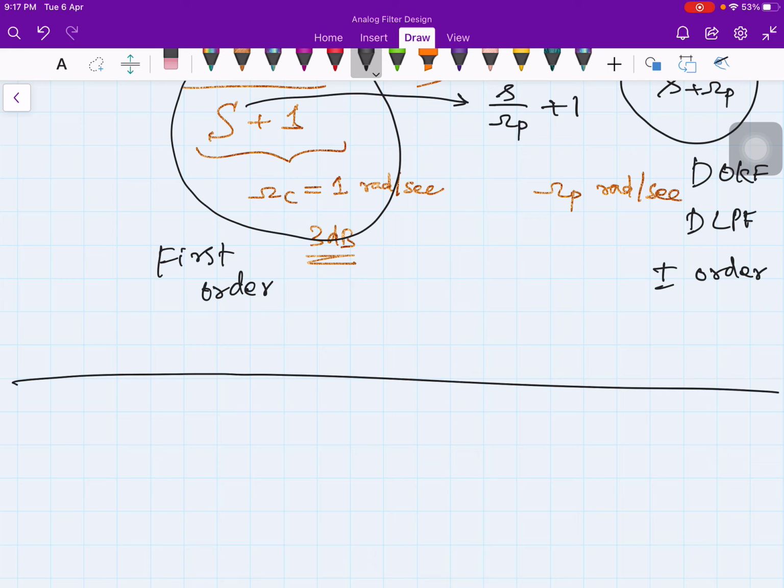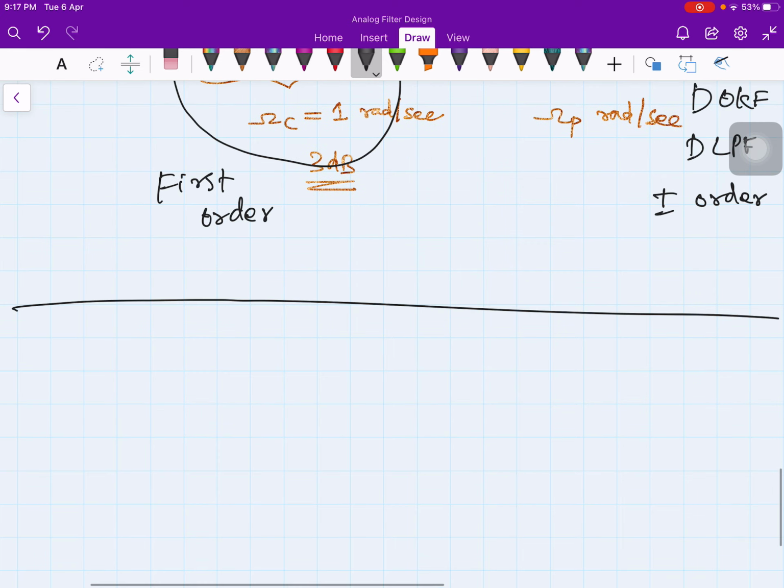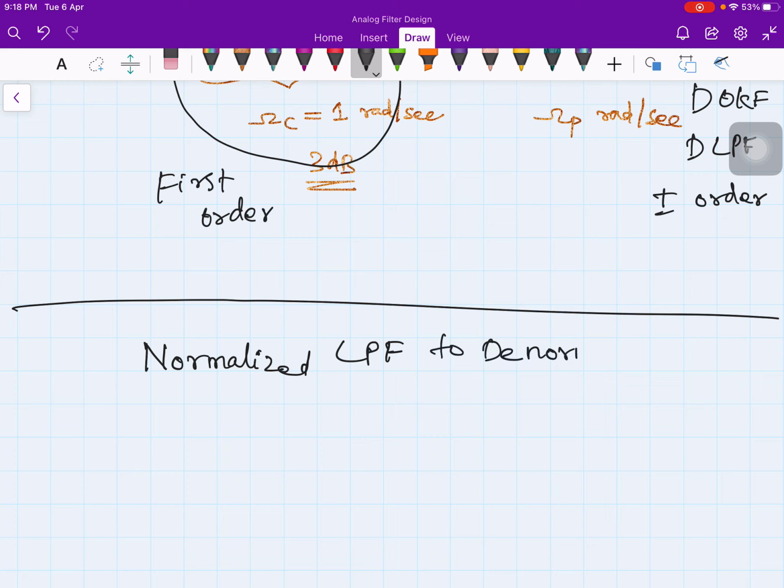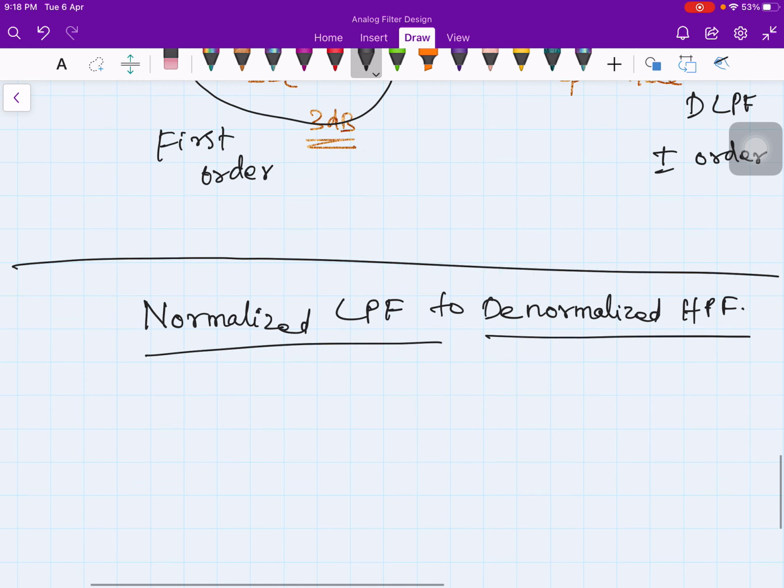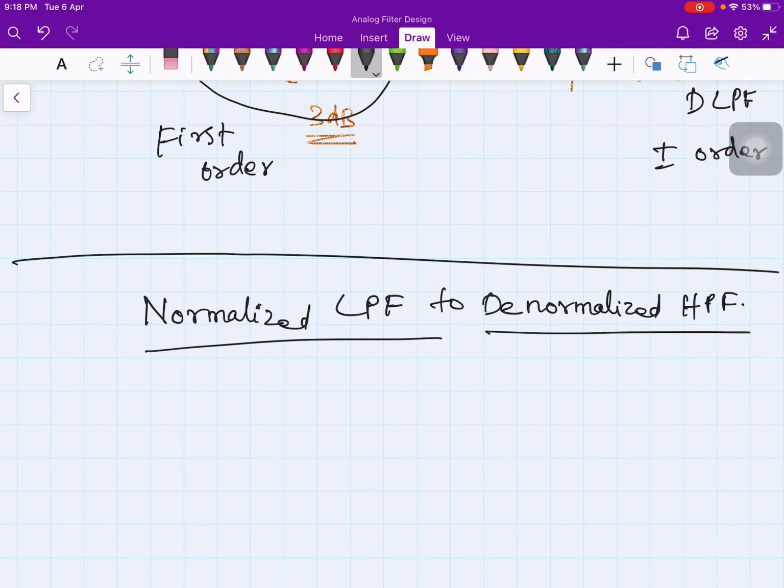Now next, let us discuss the normalized low pass filter to denormalized high pass filter, HPF. In this case, the things are not that simple.